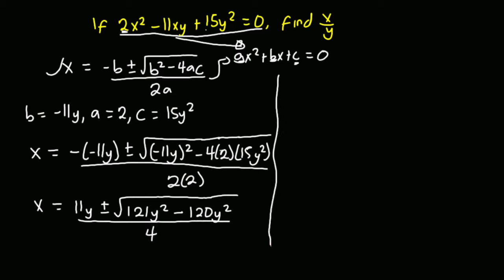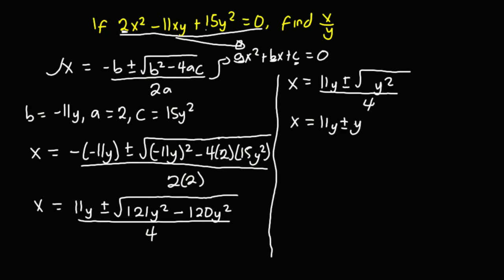So we can say that x will give us 11y plus or minus square root of 121y squared minus 120y squared, which is just 1y squared, which is the same as y squared. Then all these divided by 4. So we can see that x is equal to 11y plus or minus, now square root of y squared will give us y, all divided by 4.